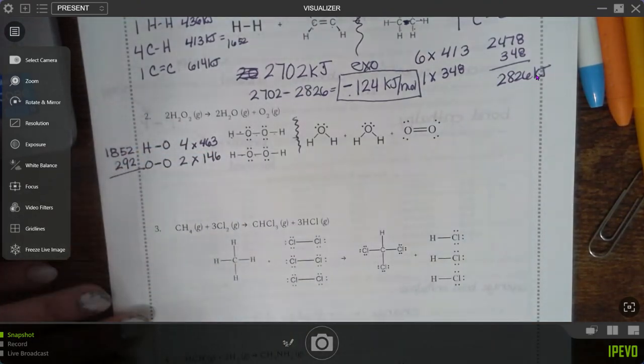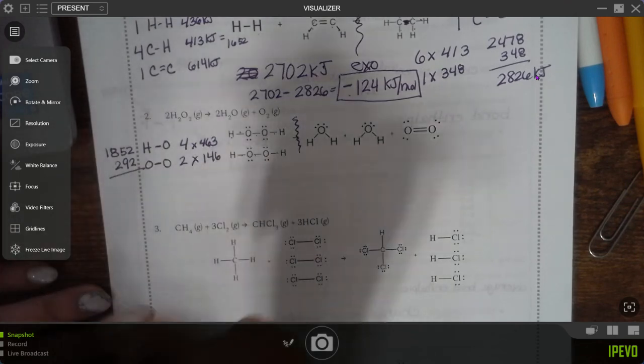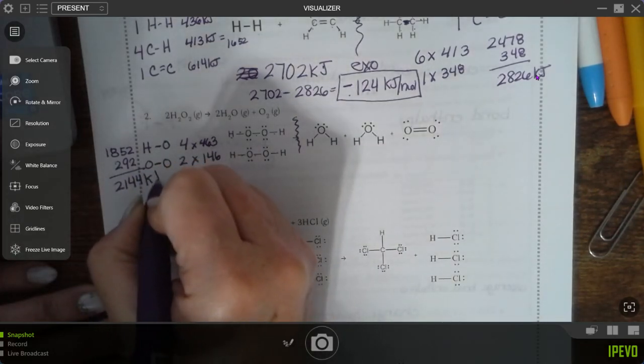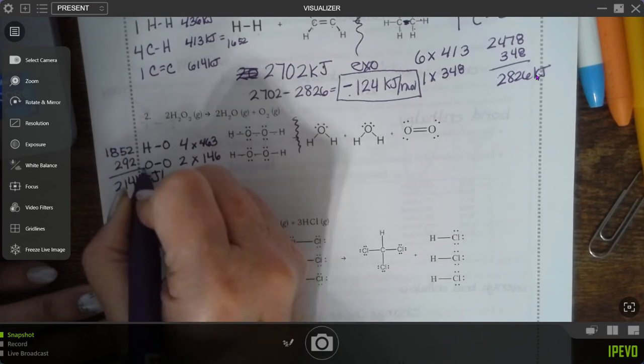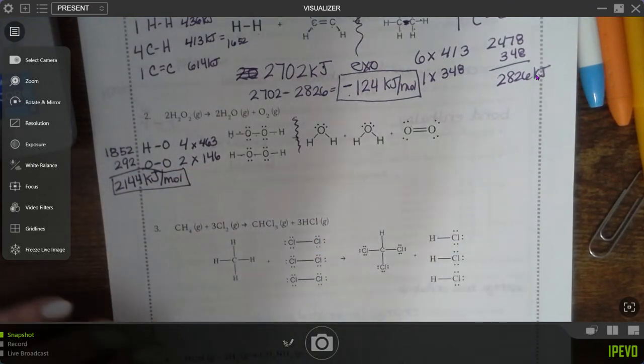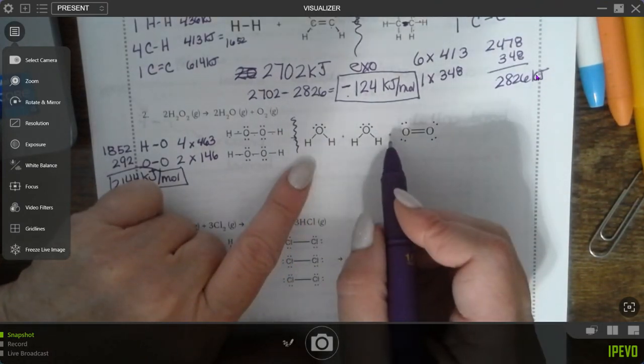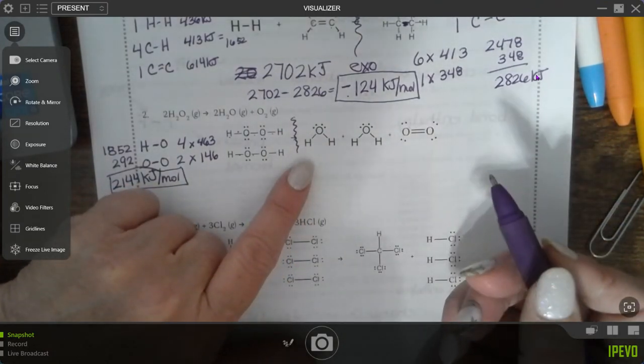If we add those together, we get 2,144 kilojoules per mole. That's our breaking.